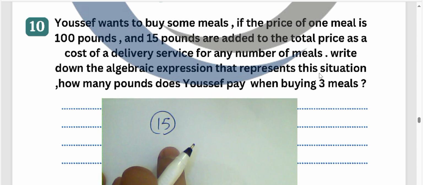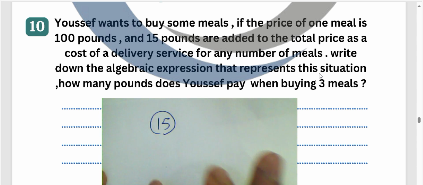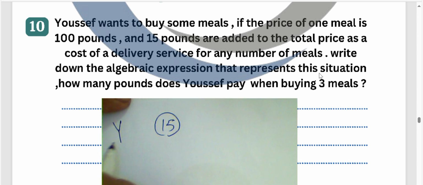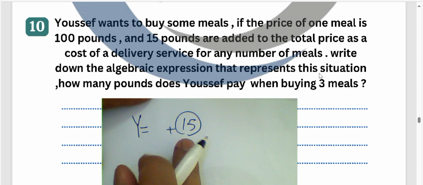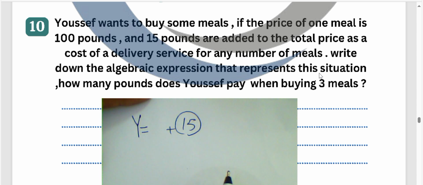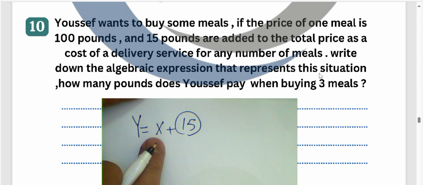Okay, 15 pounds for delivery are added to the total price, the cost of the price of the number of meals. Okay, we can write y here equal, and 15 is a constant because for the delivery you will pay 15 pounds. And the price of each meal is 100 pounds. We can write here x refers to the number of meals. Number of meals x.